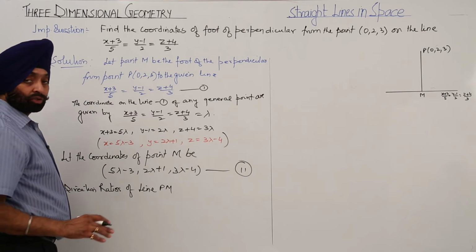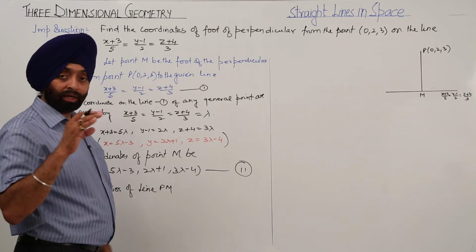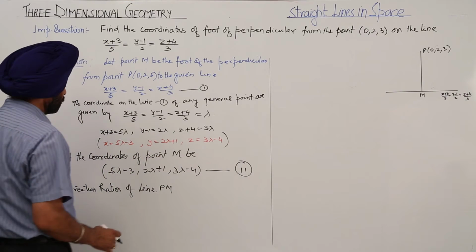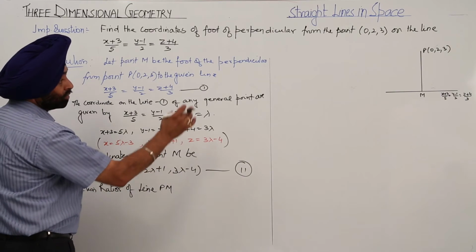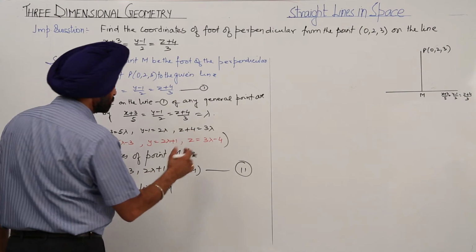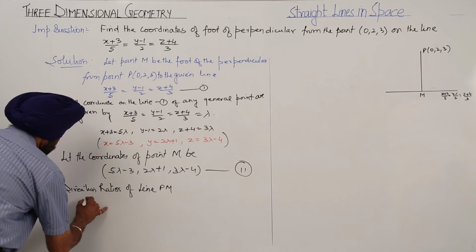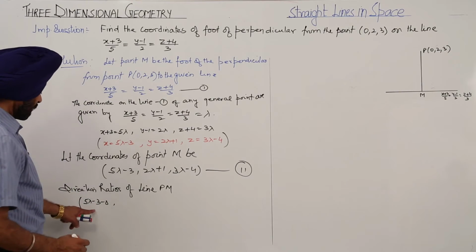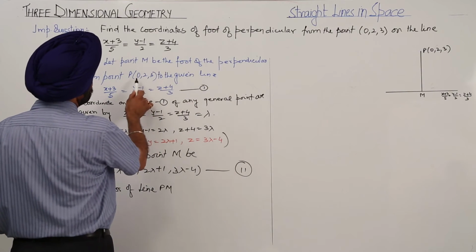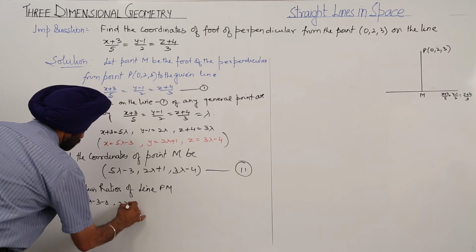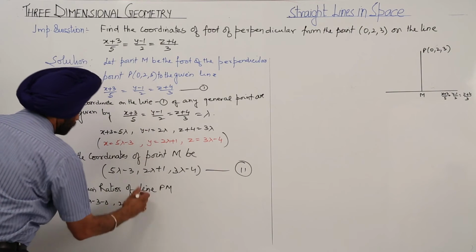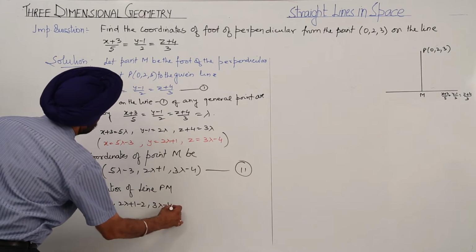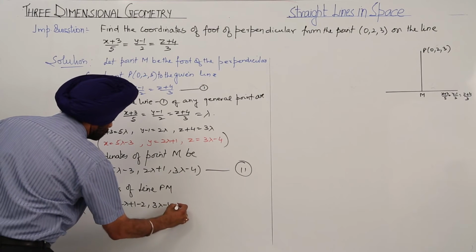As we have done, direction ratios are x2 − x1. So the direction ratios of line PM will be found by subtracting the coordinates of P from the coordinates of M. First is 5 lambda − 3 − 0, 0 for point P, then 2 lambda + 1 − 2 and then 3 lambda − 4 − 3.